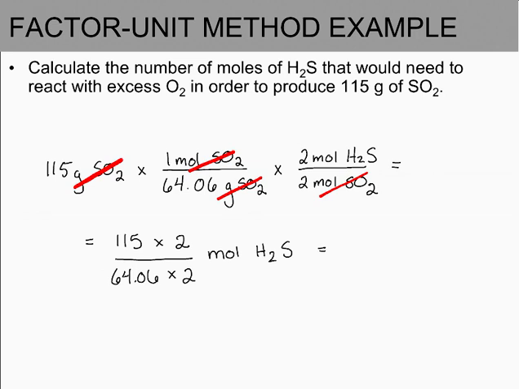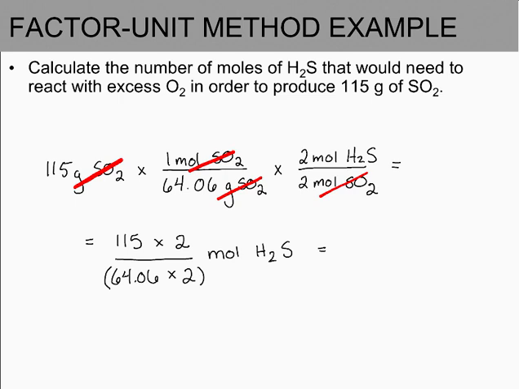Okay, so in our calculators, we would plug in 115 times 2 divided by 64.06 times 2. Now remember to put parentheses around everything in the denominator, otherwise your calculator might assume that you're multiplying by 2 at the very end of the calculation. So unfortunately calculators are not as smart as we would like them to be, so we kind of have to tell them exactly what we're doing.